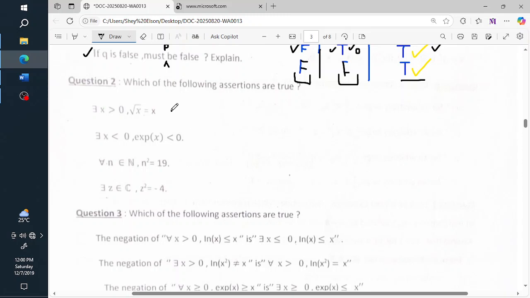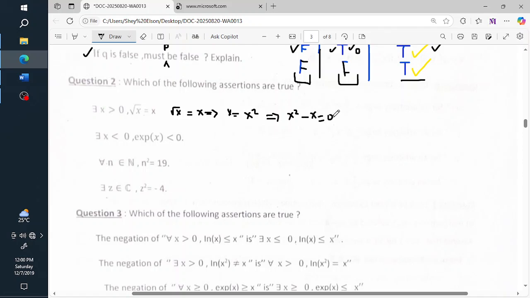So let's go with the square root of x is equal to x. If I square both sides, I get x equal to x squared. If x is equal to x squared, I can subtract x on both sides, and I'll have x squared minus x equal to 0.